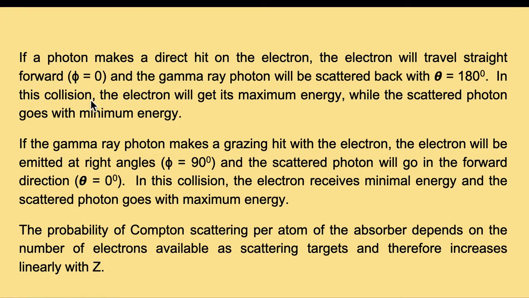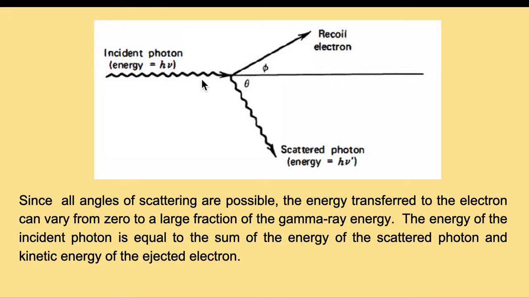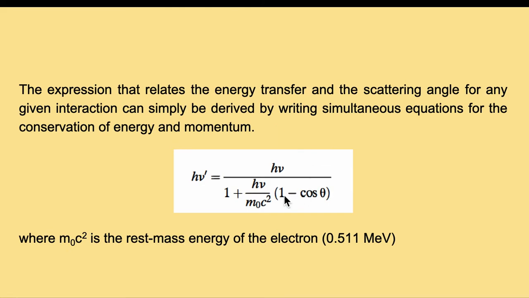In this collision, the electron will get its maximum energy while the scattered photon goes with the minimum energy. From this expression you can see that this value is minus 1 and you are subtracting a term from 1. So you can see that hν' will be minimum in that case.